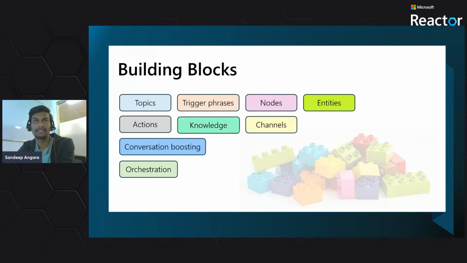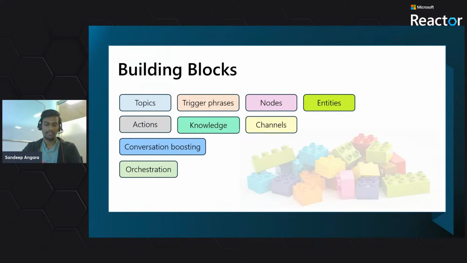There is another thing called conversation boosting. Conversation boosting and these knowledge sources work hand in hand. Conversation boosting is nothing but what applies whenever a user intent is not registered in topics. Let us say we had a topic for payments, and a topic for logging a complaint for our internet service provider, but we didn't register a topic for, let's say, how to fix router problems.